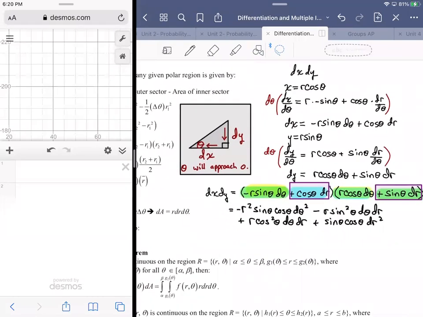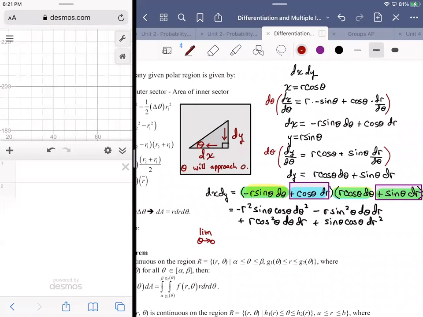So what I can do is find the limit. If I'm looking for the smallest, I want the limit as theta approaches 0, and I can apply that to the entire expression on the right-hand side. I'm applying it to both sides, it just doesn't seem obvious on the other side.